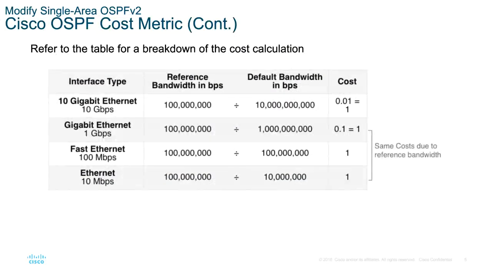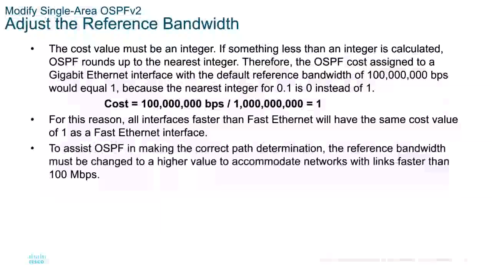So you can see how this cost calculation is not going to be reflecting the true best path between these different levels of bandwidth. So we need to adjust that cost. Historically you can see where the values came from, and the problem occurs with the newer technologies being implemented. So we need to adjust this.